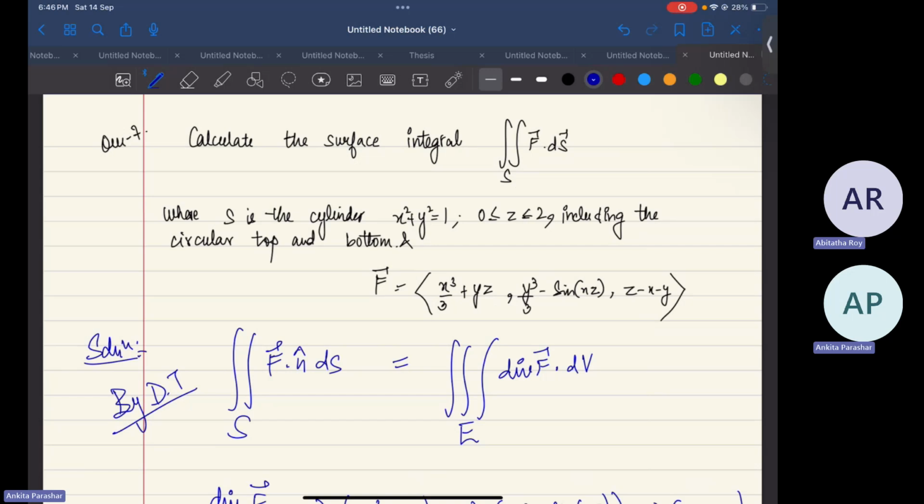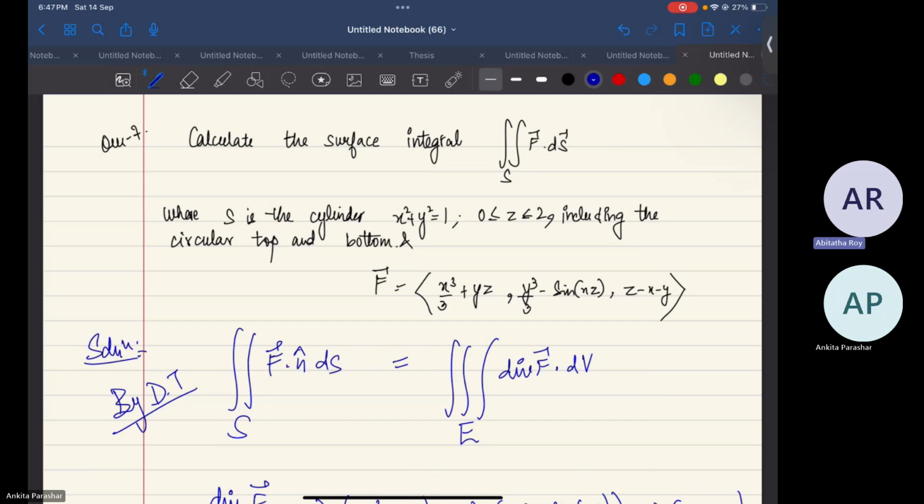If you look at your cylinder, z equal to 0, it's like a projection. If you take z equal to 1, z equal to 2, well, z is going from 0 to 2. Yeah, the z limit is given to me, z from 0 to 2, and the rest is the cylinder. You have to parameterize the cylinder.